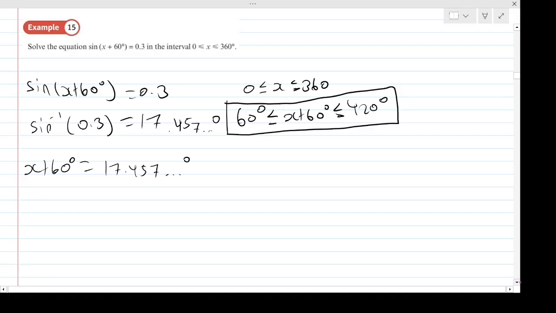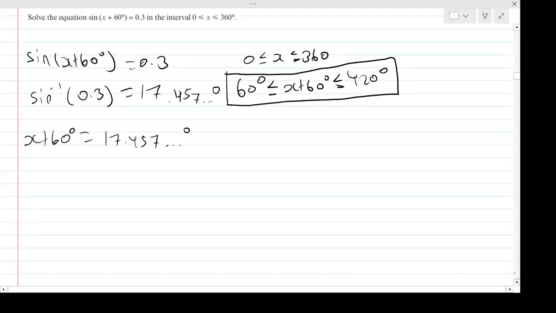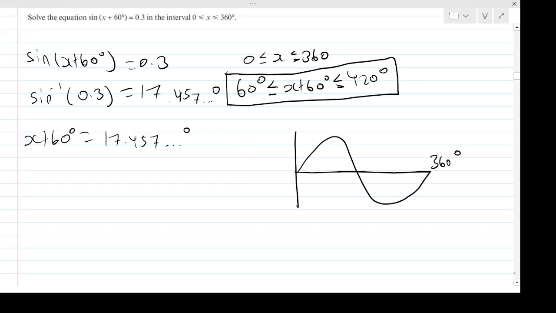So then, to find the other ones, let's consider the sine graph. Let's do it down here. So a sine graph between 0 and 360. It's going to be there. So our first angle is 17.457. So that'll be about there, 17.5, say. So then the other solution would be there. And that'd be the solution for x plus 60.